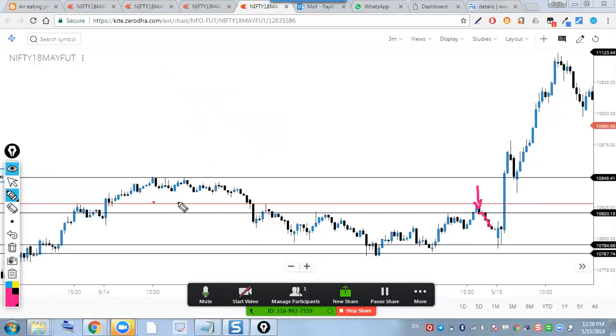Okay, so is this downtrend getting control over this overall uptrend? No, because in that sense, it will be converting into a flattish market momentum.